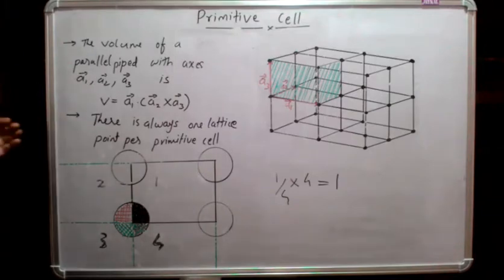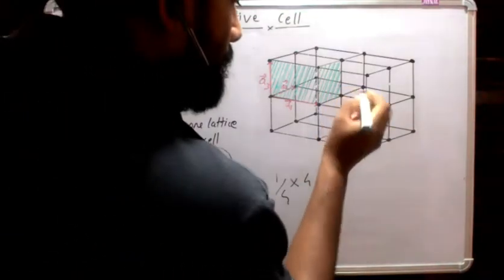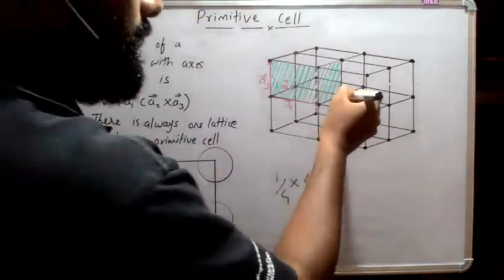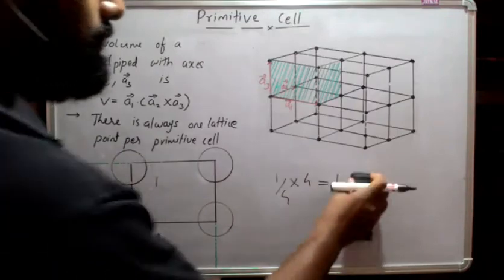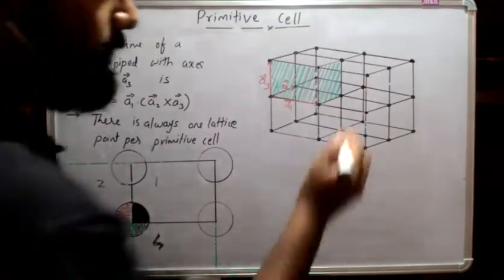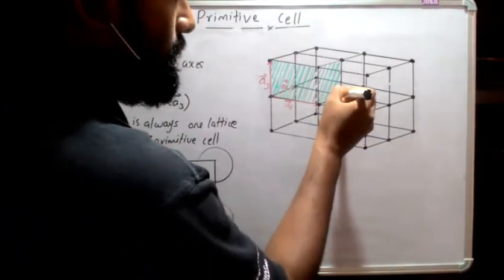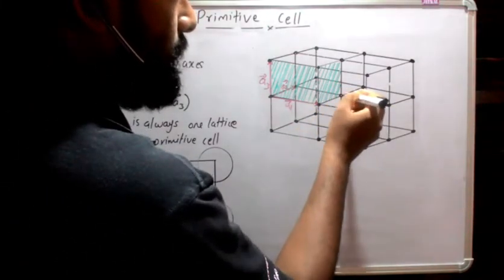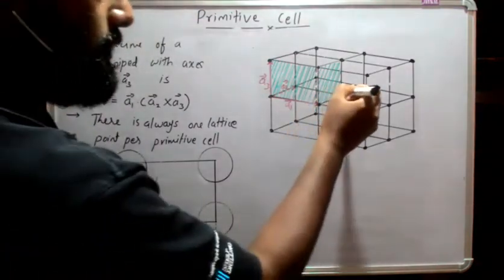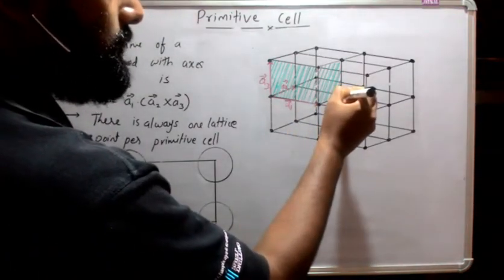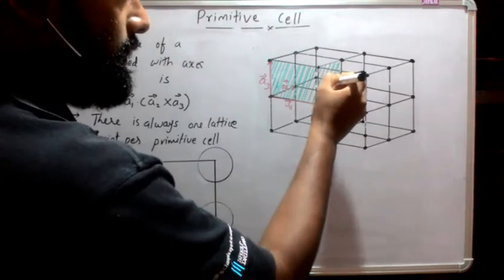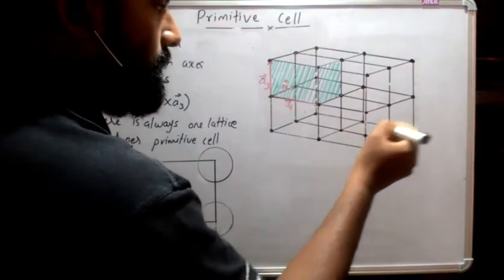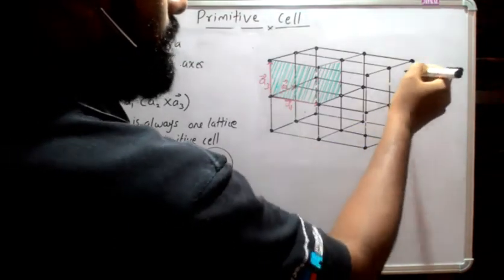When we consider a lattice point in three dimensions, let me consider this lattice point. This lattice point is shared with 8 primitive cells. One is this one, second is this one, third, fourth, fifth, sixth, 7 and 8.